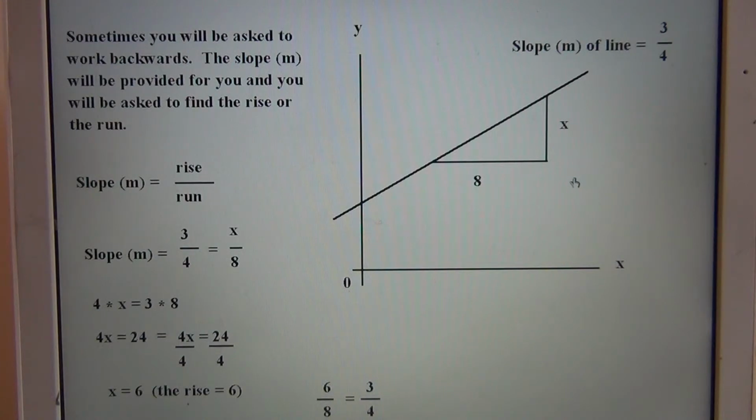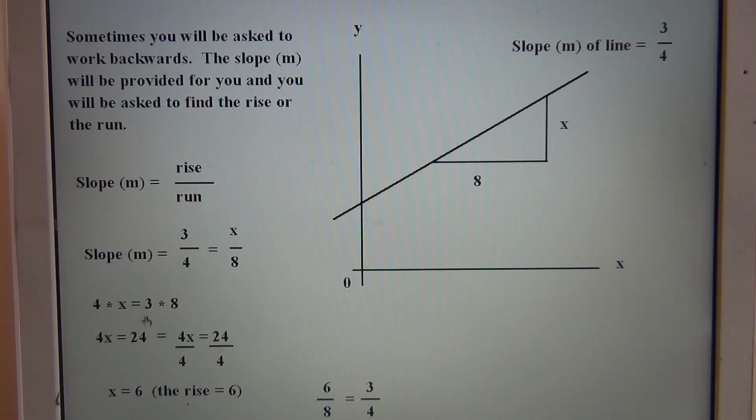Okay, so let's just take another look. Here, they're giving us the slope of this line, and obviously it's a positive slope. And they're giving us the run here, and they want us to calculate what the rise would be here. So we set up an equation, rise over run of the initial slope, and rise over run, this is the rise, x, and the run is 8.